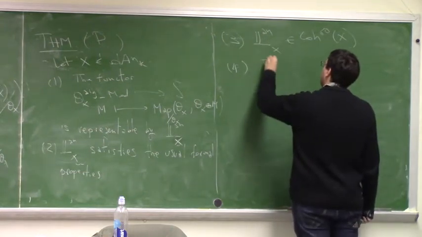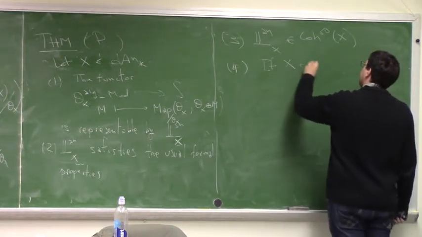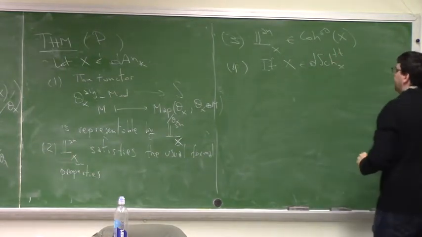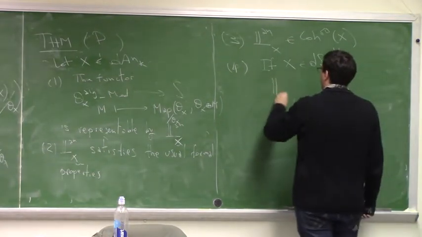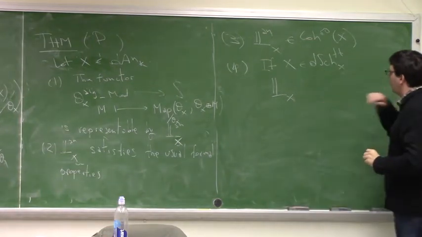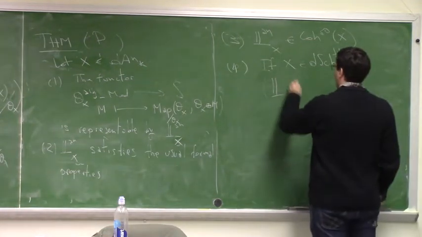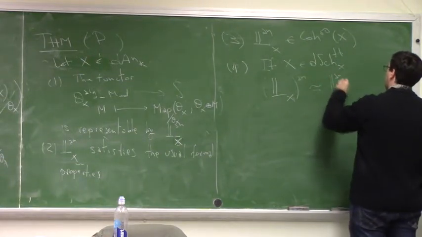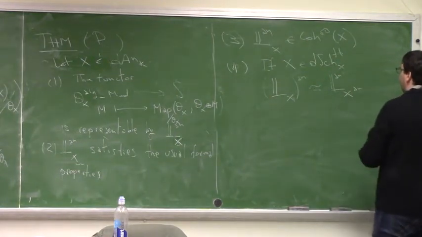If X is a derived scheme of finite type over C, then I can construct the algebraic cotangent complex of X and analytify it. And this is the same as the analytic cotangent complex of X analytified.